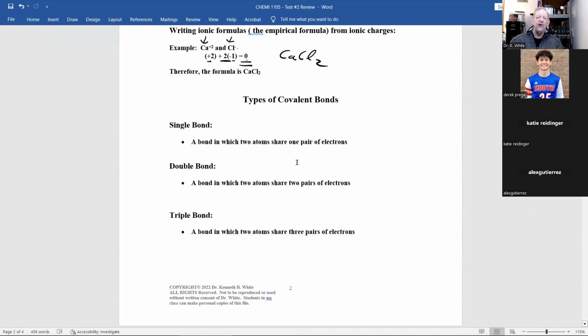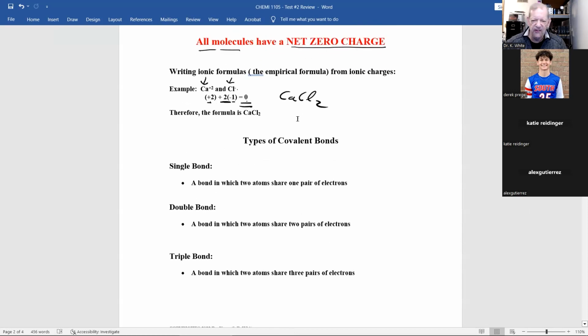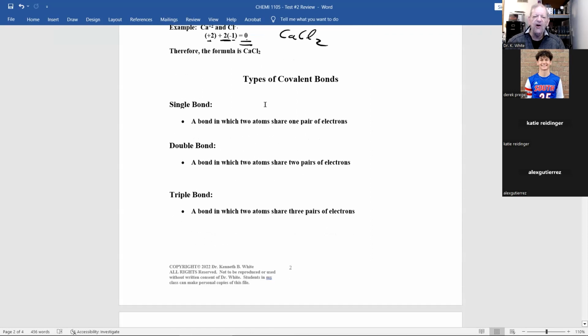Now, I just did our ionic compounds with ionic bonds, but covalent bonds, remember, are equal sharing of one or more pair of electrons. You should know there are three types of covalent bonds. The first one, single bond. And you should know a single bond is a bond in which two atoms share one pair of electrons. It's like single, first base, one pair.